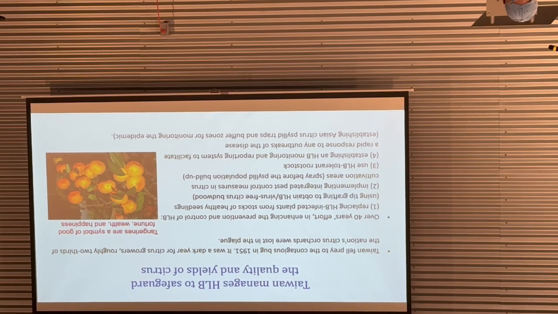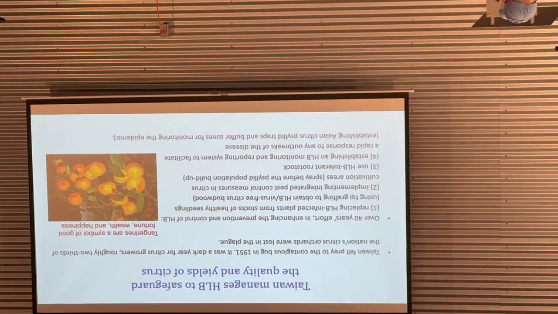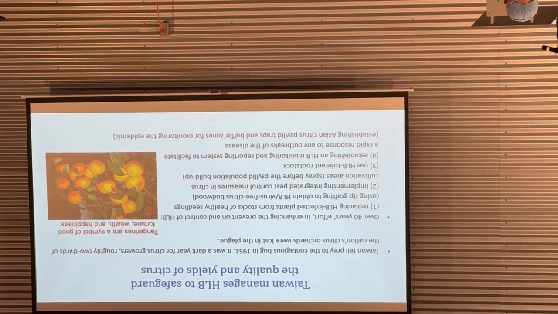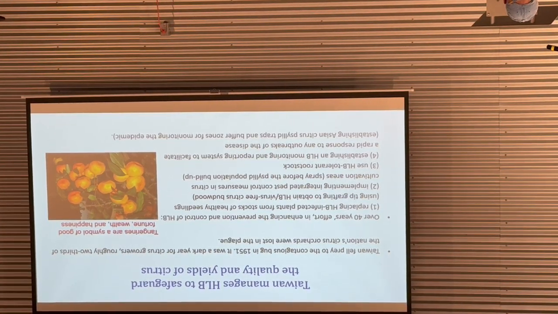And what they do, basically, in the early stage, is remove the infected plants, and also provide and replant healthy seedlings, rootstock, healthy trees, and they started to use tea grafting technique to provide growers the virus-free citrus buds to replant all the diseased trees.